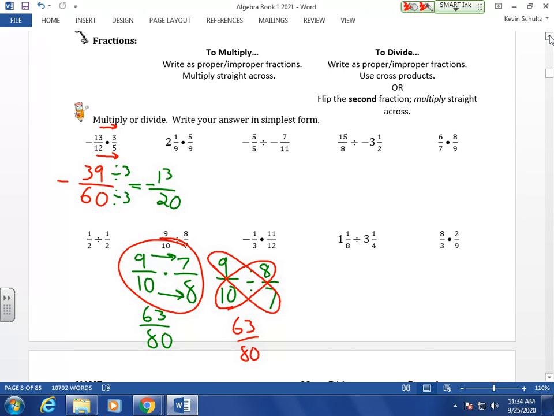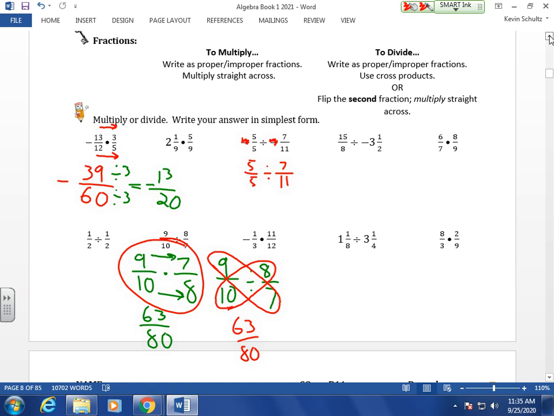Since you have a negative divided by a negative, what's your quotient going to be? Positive. So just kind of ignore them, right? Negative 5/5 divided by negative 7/11 will be the same thing as positive 5/5 divided by positive 7/11. So you can just take them out first, and then you don't have to deal with them. That's what I would do.